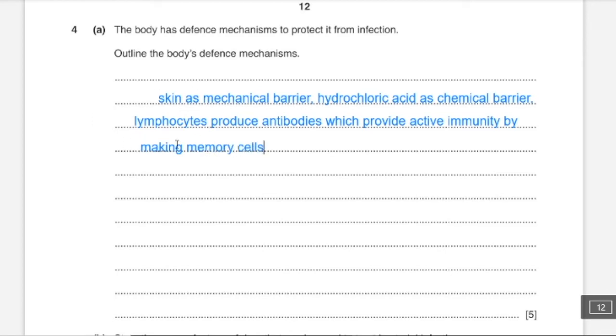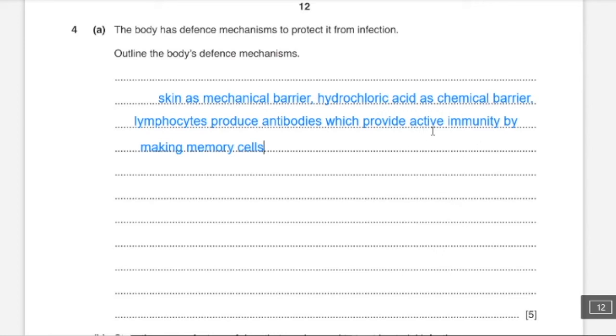So once lymphocytes have created antibodies for a particular pathogen, some of those antibodies would then be saved in the body as memory cells, and this provides active immunity.